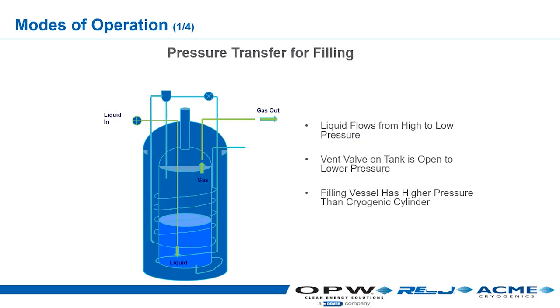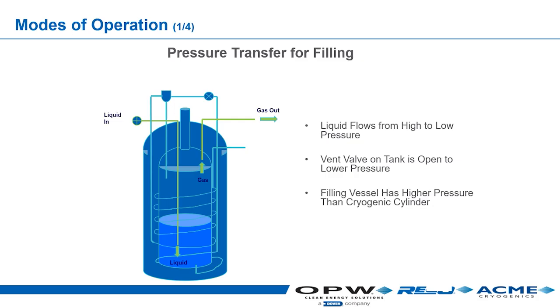All the other cryogenic containers, because they're so much bigger, the vaporizer is going to be a separate unit outside of the container. So in this particular case, how would you do a pressure transfer fill, or how would you fill a liquid cylinder? Basically, all you need to know is you connect it to the liquid line, and whatever source is filling the container has to be at a higher pressure than what is receiving it.